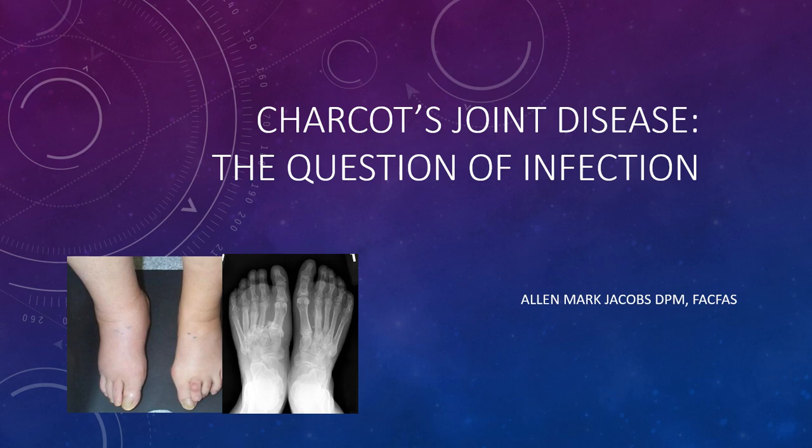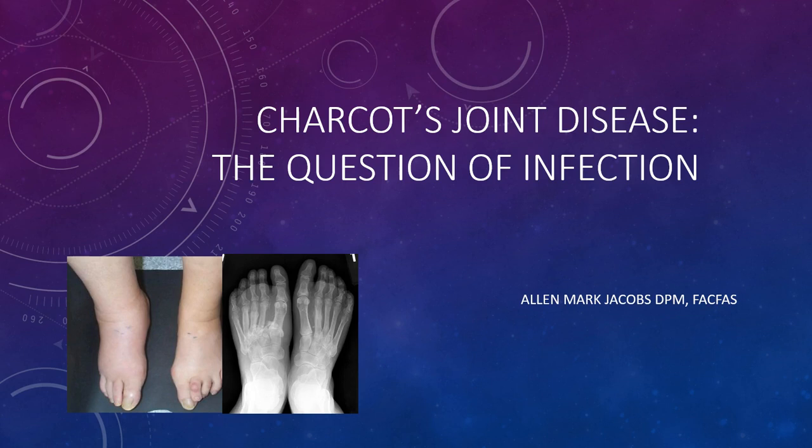In this session, I'd like to discuss a real practical issue that all of us face, and that's the patient that presents with a Charcot joint deformity and whether or not there is a concurrent infection and whether there's concurrent osteomyelitis.